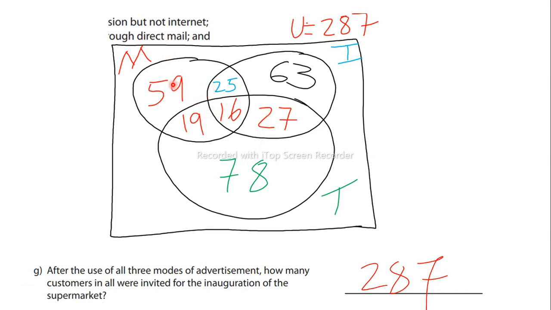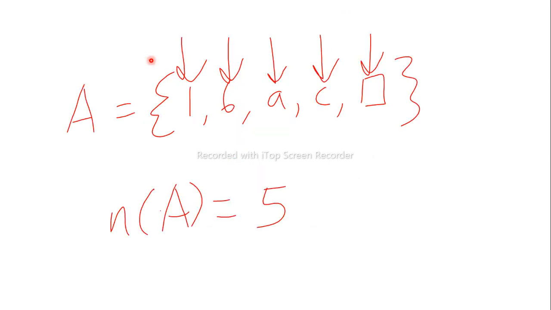So even though M is 59, really we're saying that M has 59 elements, because that's how many people are inside M. But how come in the example you showed just now, where you had 1 and 6, you don't count them and then add the A, B, A, C, and square? Say it again. Like you want to join the 1 and 6.